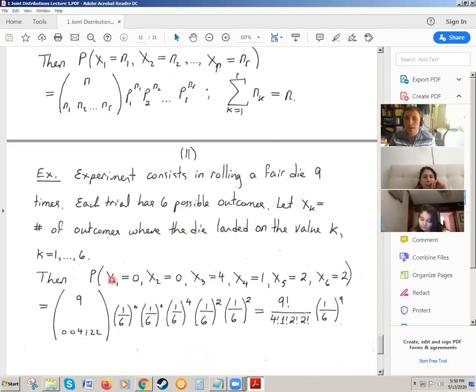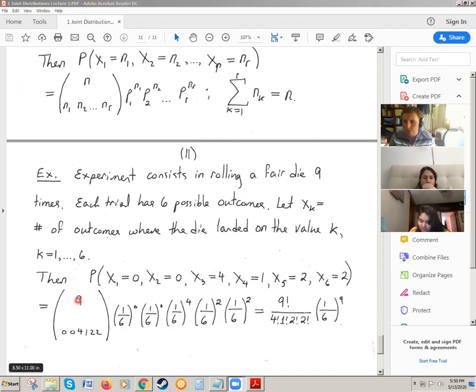So then let's say, what's the probability that I have exactly 0 outcomes of type 1? So I never get the number 1 in all the tosses. I never get the number 2 in the tosses. I get 4 times the number 3 on the die. I get 1 time the number 4, 2 times the number 5, and 2 times the number 6. Okay. So the numbers here, of course, are supposed to add up to 9. Yes.